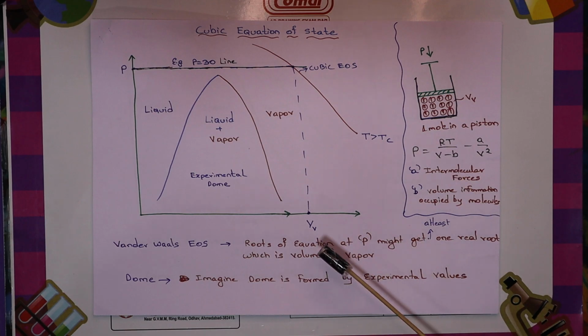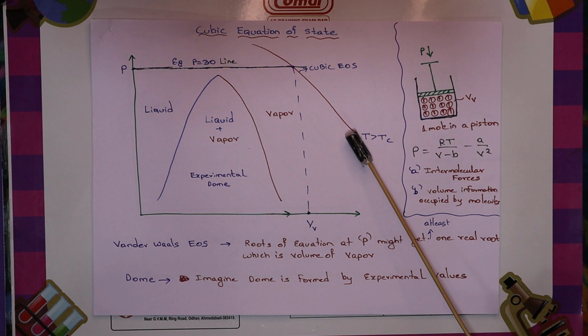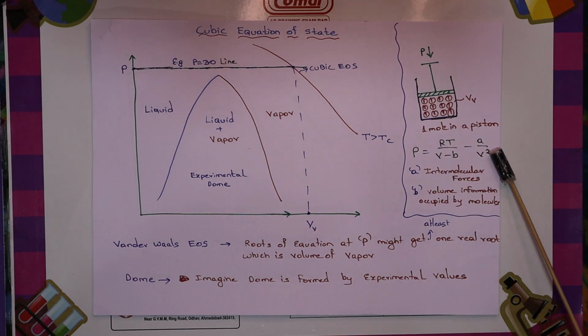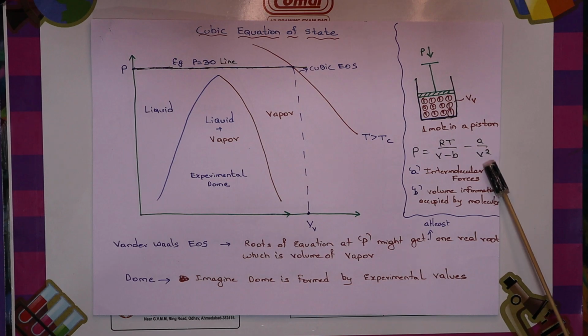So what is this cubic equation of state? Imagine this is one cubic equation of state. In the Van der Waals cubic equation of state, you can see the volume is in the denominator, with square terms. So it is a cubic equation. If you try to solve this equation, you are going to get 3 different volumes.